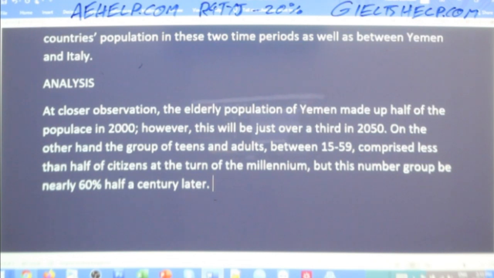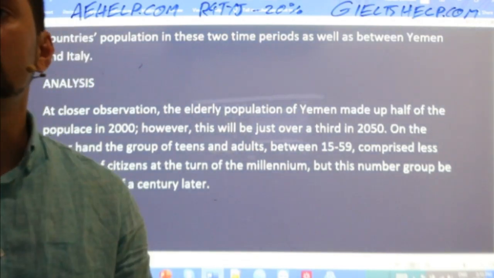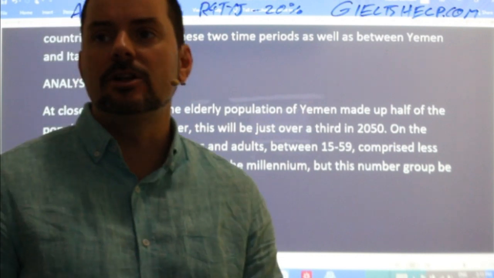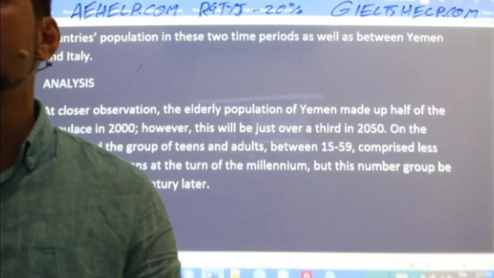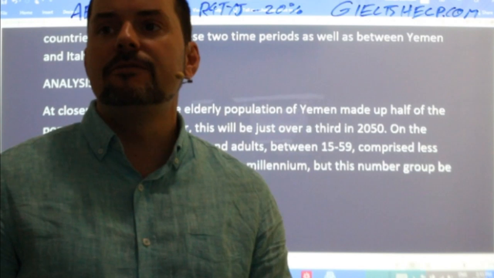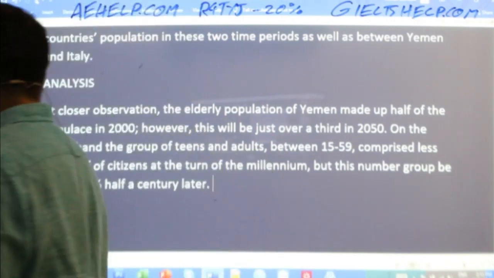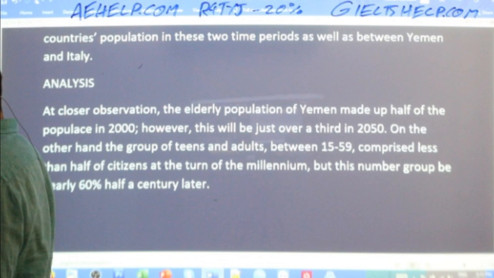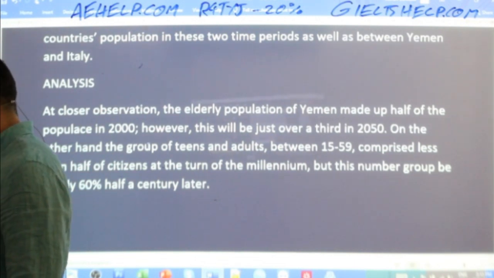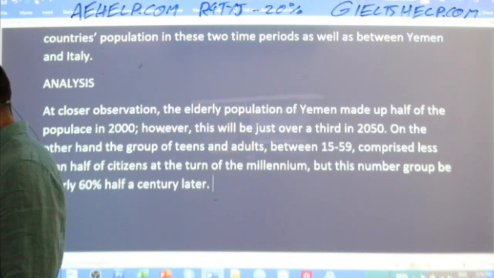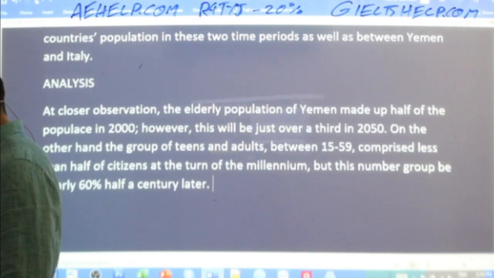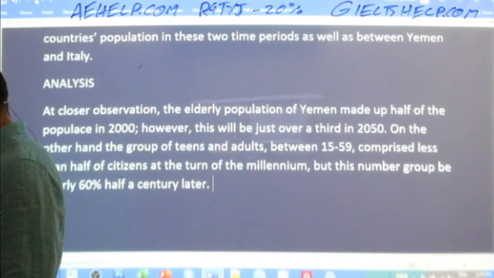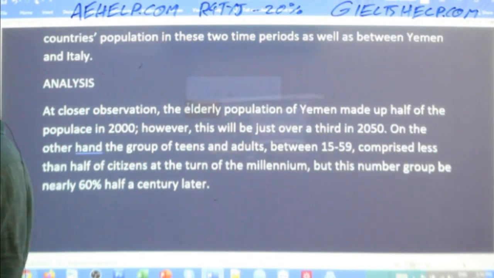Okay. So Charlie says, looking at the pie charts in more detail, we see in 2000 the percentage of adolescents and adults for Yemen is around 46%, and children is about 50, whereas in 2050, I'm going to make a quick correction here while I was reading yours. Yeah, children, not elderly, right?